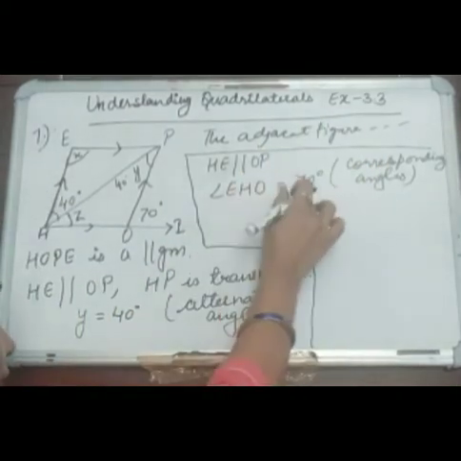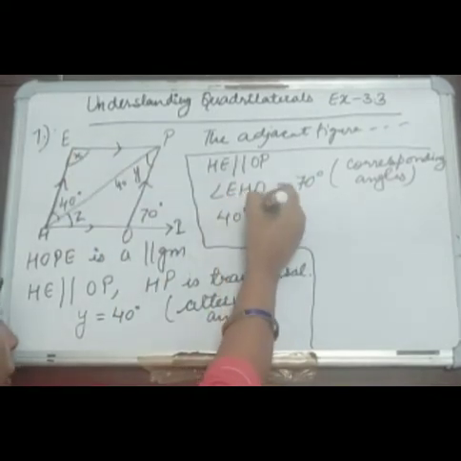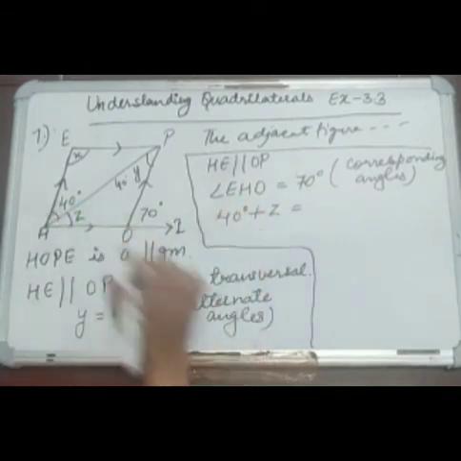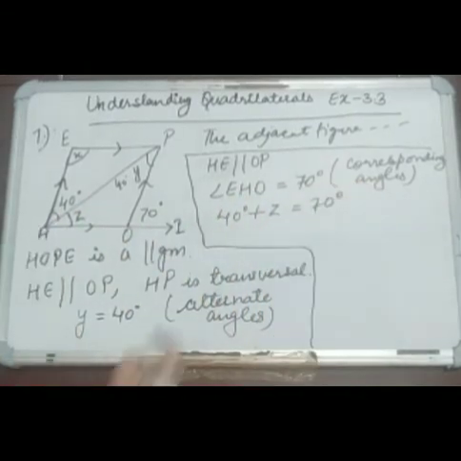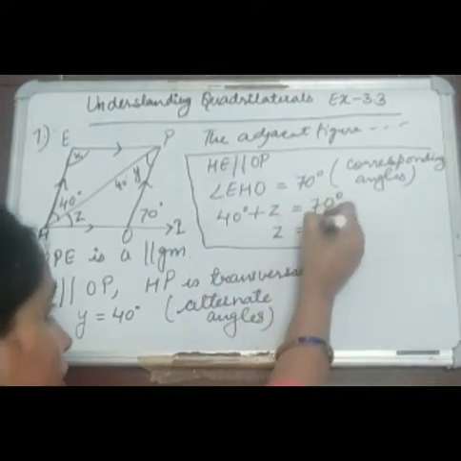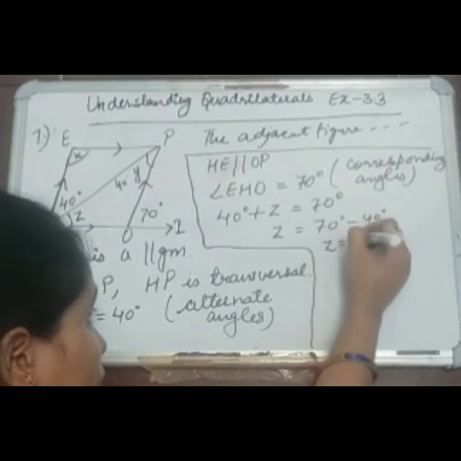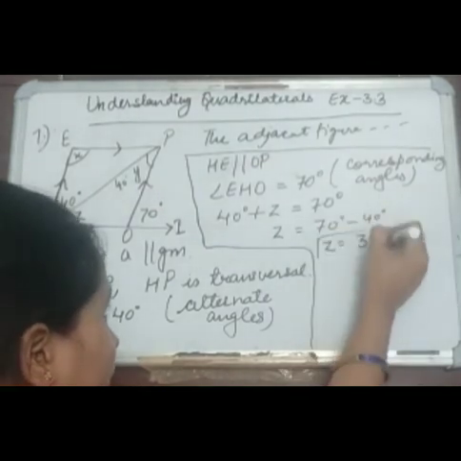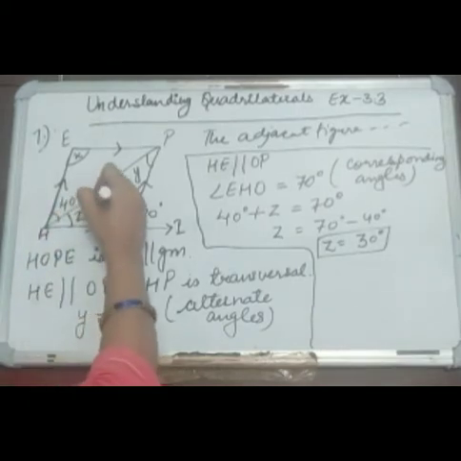So this 70, EHO, how will I get it? 40 plus z will give me 70. So from here I can find out this z: 70 minus 40. So z is equal to 30 degree. Got? So now z is 30 degree.